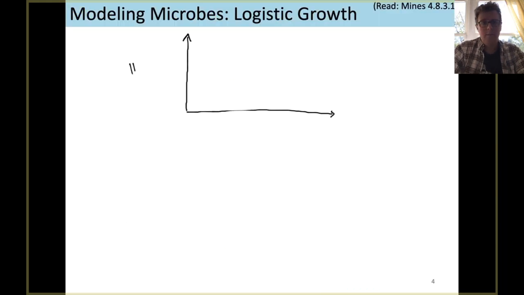So in thinking about microbes, we're going to take an approach that looks like what's called logistic growth. First I want to contrast this to something that we're more comfortable with, having dealt with it earlier in the semester.